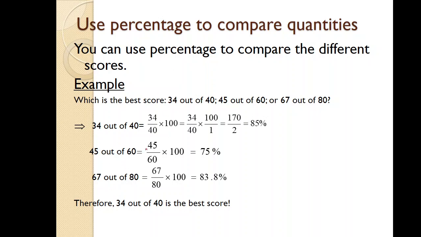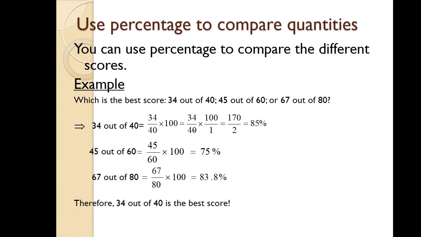To do that, just find the percentage of each test. The one with the higher percentage is the best one. For example, look at this one, 34 over 40. To find the percentage, you multiply it by 100. Then you write the 100 over 1, like we did before.